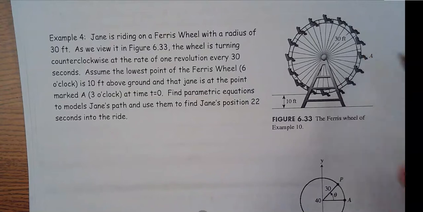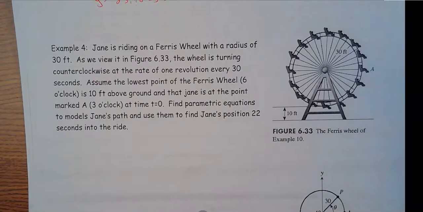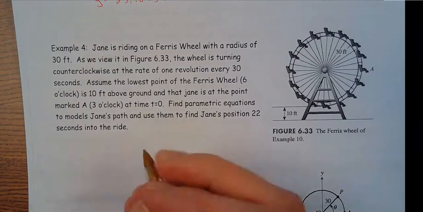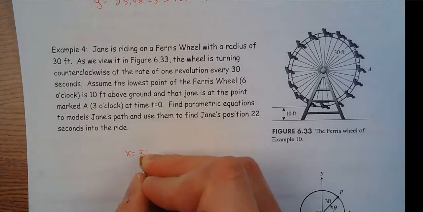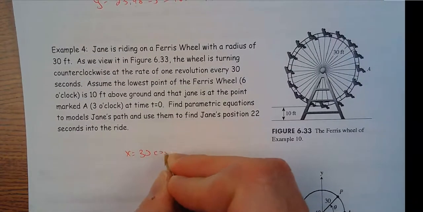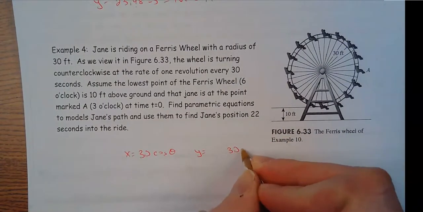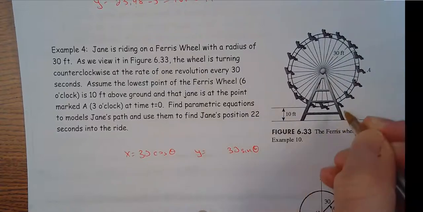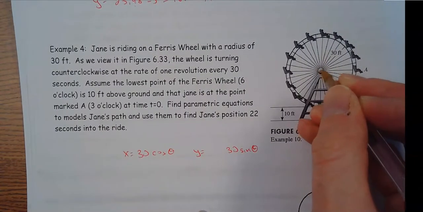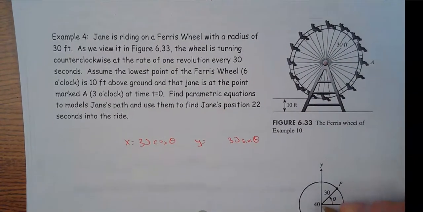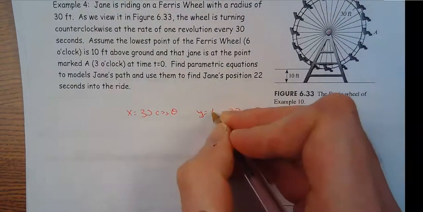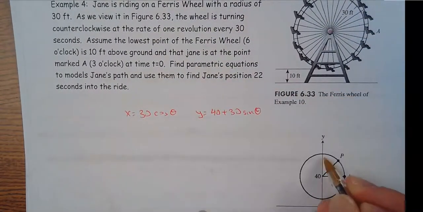So we want to do some parametric equations here. Now if it makes a circle, that means we're going to use x equals cosine, y equals sine. The radius is the number you put out front. So for x, we say x equals 30, because that's the radius, cosine theta. Y equals 30 sine theta, but this is already 40 above the ground, so it's going to be 40 plus whatever this is from the wheel.